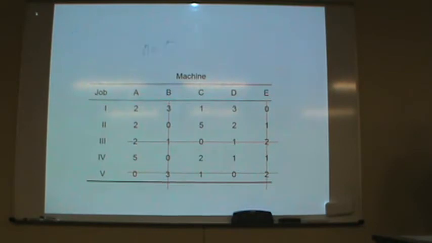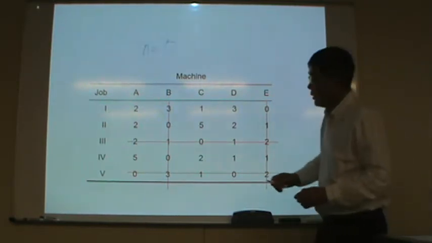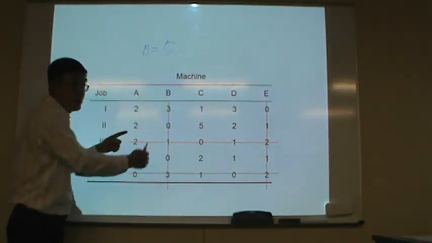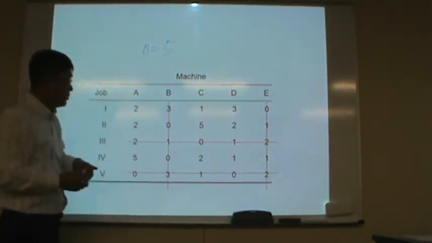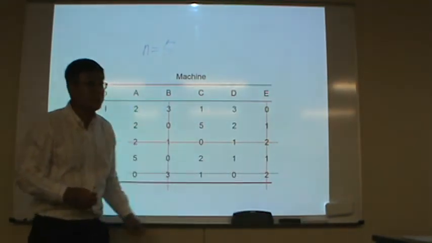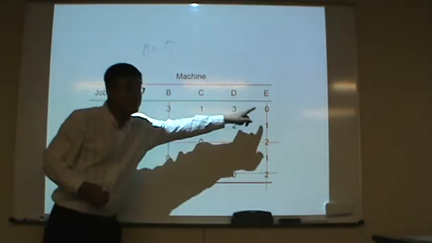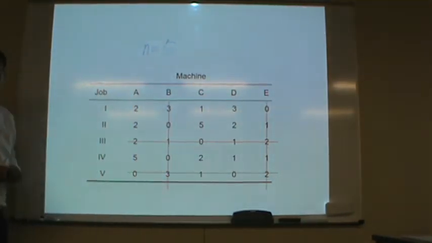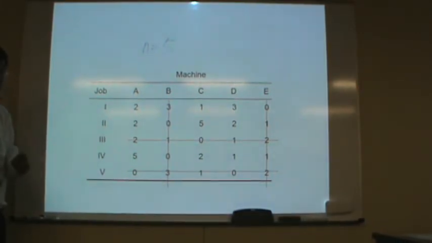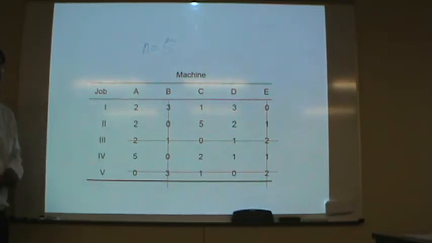Okay. After we use this line, covering 2 zeros in each column and row, I use one horizontal and one vertical to cover all 0. You can use another horizontal or vertical line to cover the others. It doesn't matter. Just cover all 0. Then how many lines?